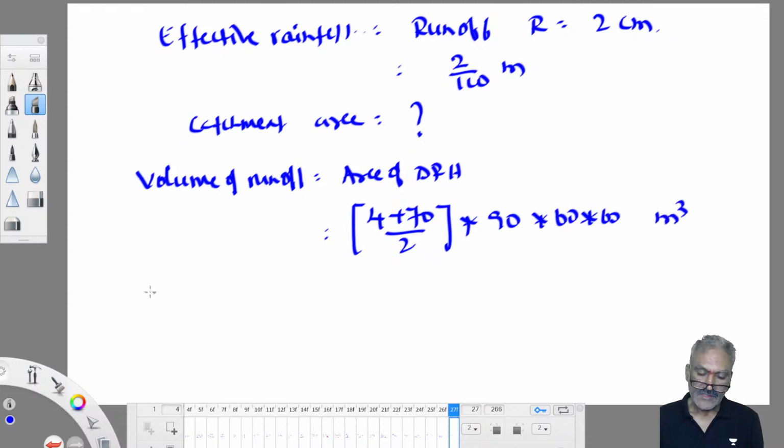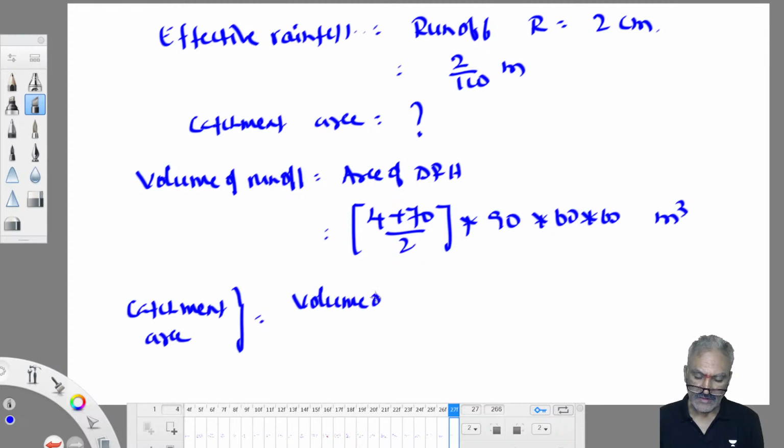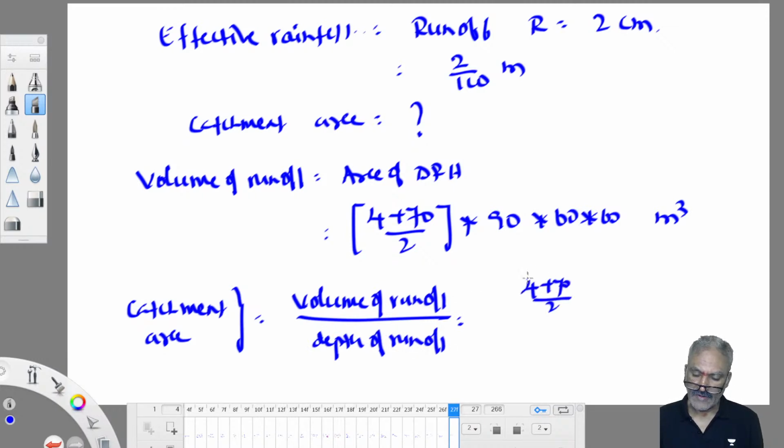Therefore catchment area is equal to volume of runoff by depth of runoff. Volume of runoff we already got: 4 plus 70 by 2 into 90 into 60 into 60.